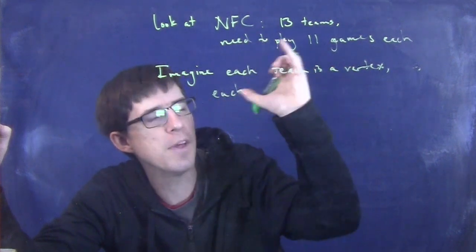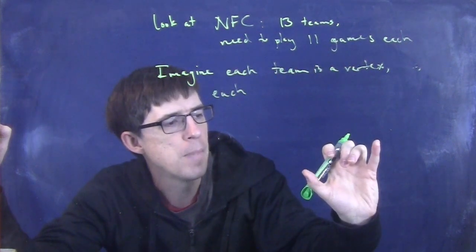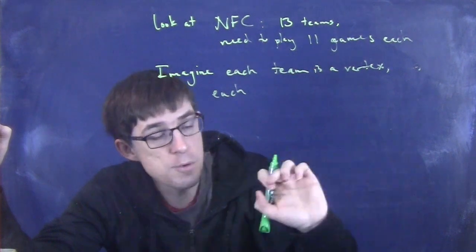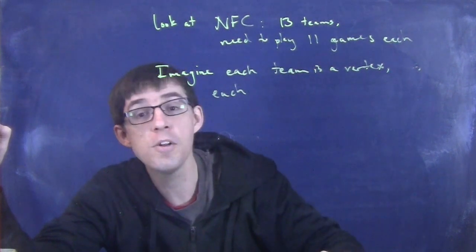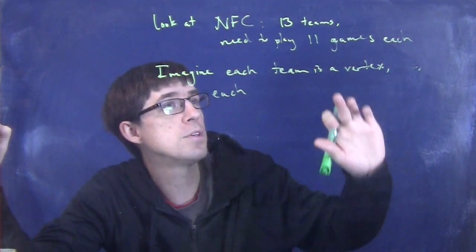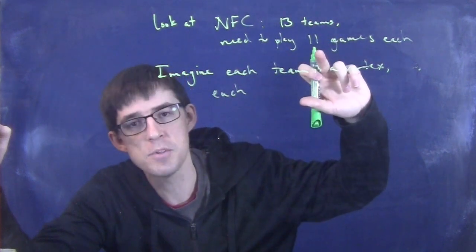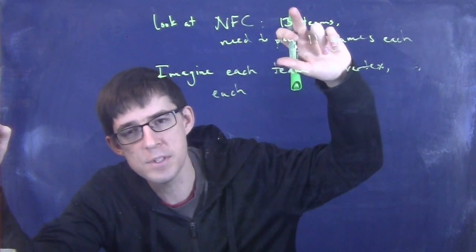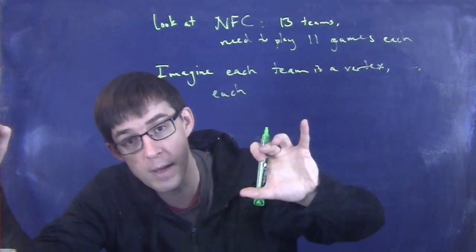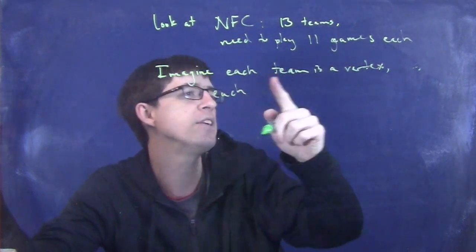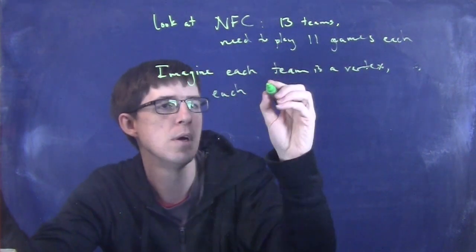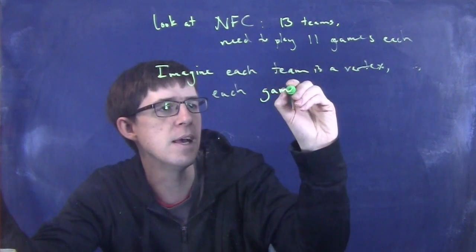I have no idea, are they in the NFC? I don't care. If they play a game together, then you put an edge between them on the graph. Not all teams will have edges between them because there's 13 teams, but they're only playing 11 games. So not every team plays every other team. So some of them will have edges, some of them will not. Anyway, imagine each team is a vertex. Each game makes an edge.